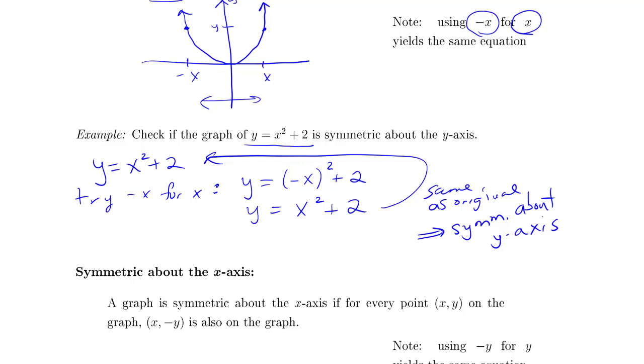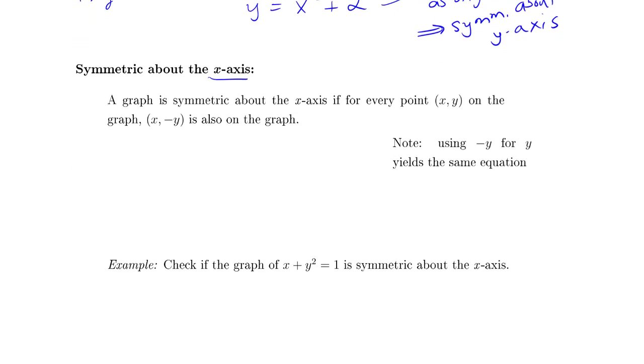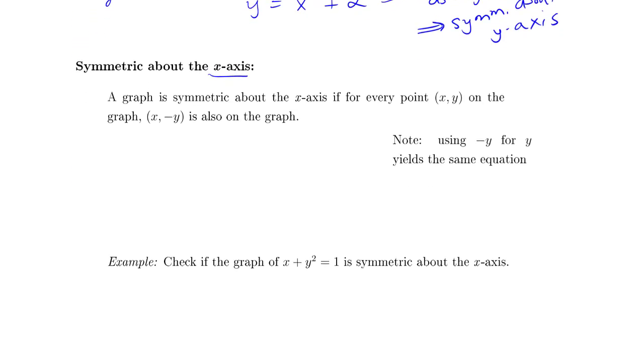So if that was over the y-axis, what would happen over the x-axis? All right, let's take a look at that. A graph is symmetric about the x-axis if for every point (x, y) on the graph, (x, negative y) is also on the graph.